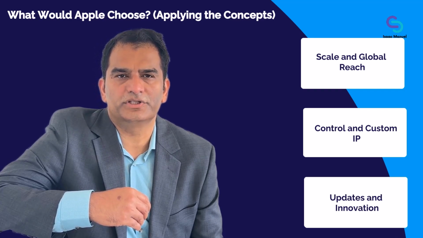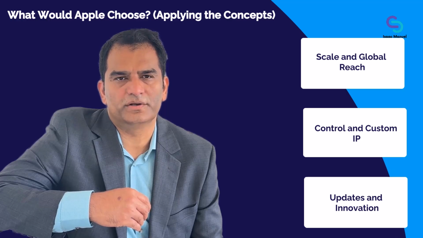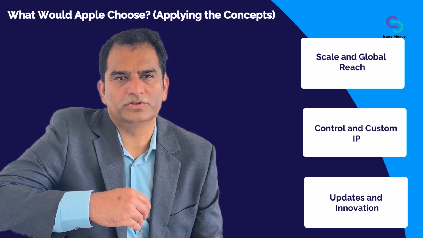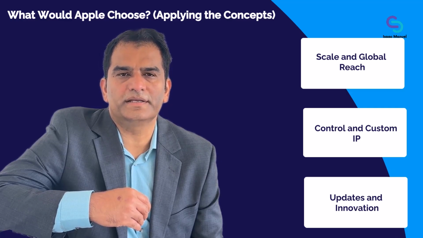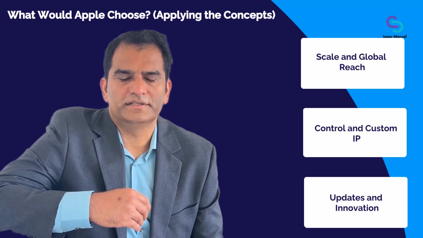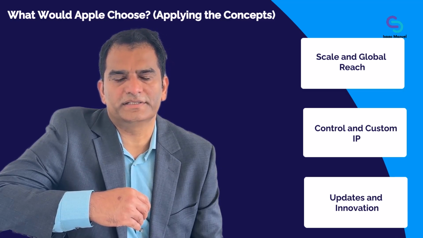Updates and innovation. Apple is always innovating on its products. It likely appreciates having the latest software as well. The cloud option ensures Apple's SAP system is never outdated. They'd get improvements like new analytics dashboards or AI driven insights as soon as SAP releases them.